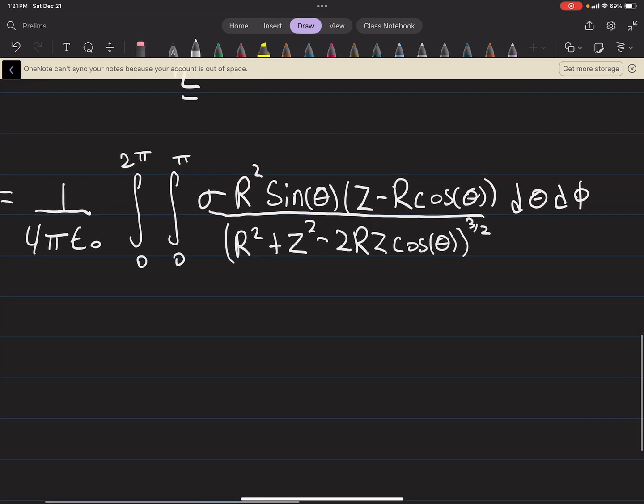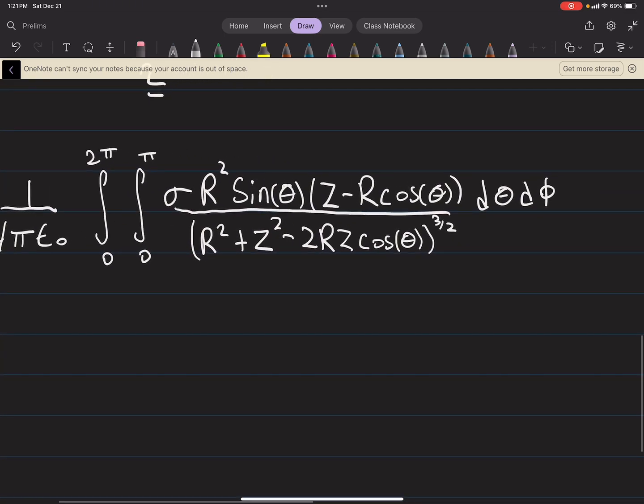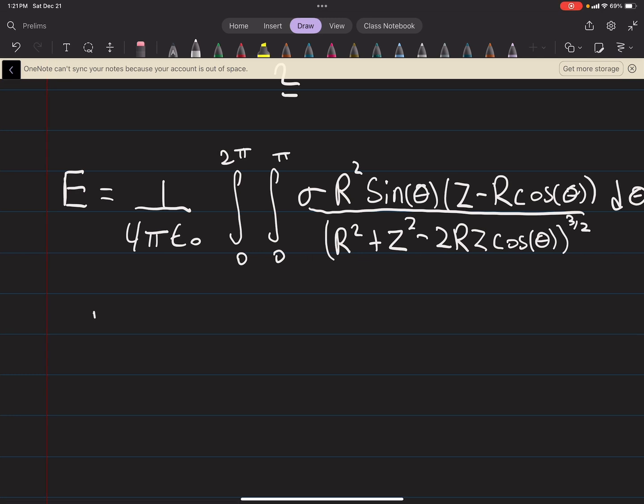So first off, none of these terms in the integrand have a phi part, so your d phi will just turn into a 2 pi. So we have 1 over 4 pi epsilon naught. Sigma and r squared are both constants, so that can come out. And then, like I said, when we integrate d phi from 0 to 2 pi, it's just 2 pi. And now this double integral is just a single integral.